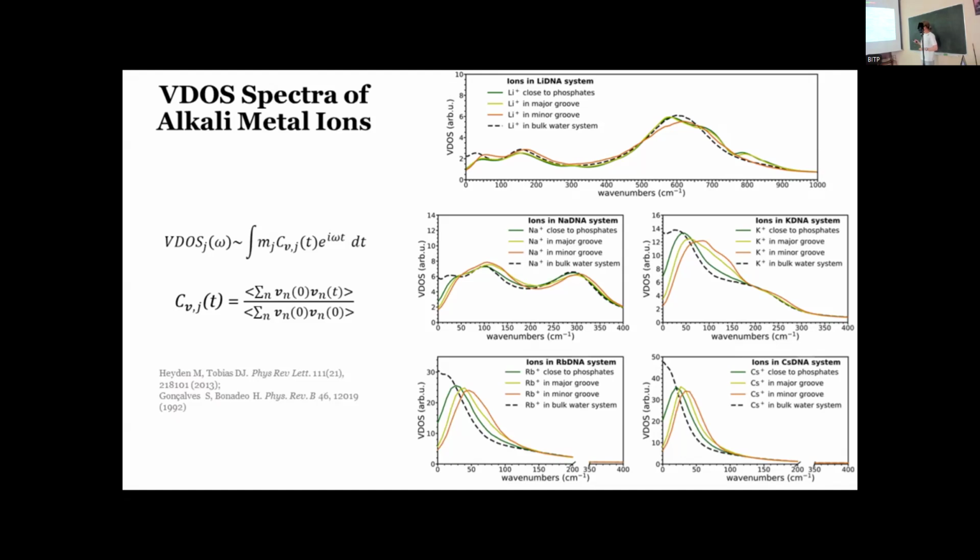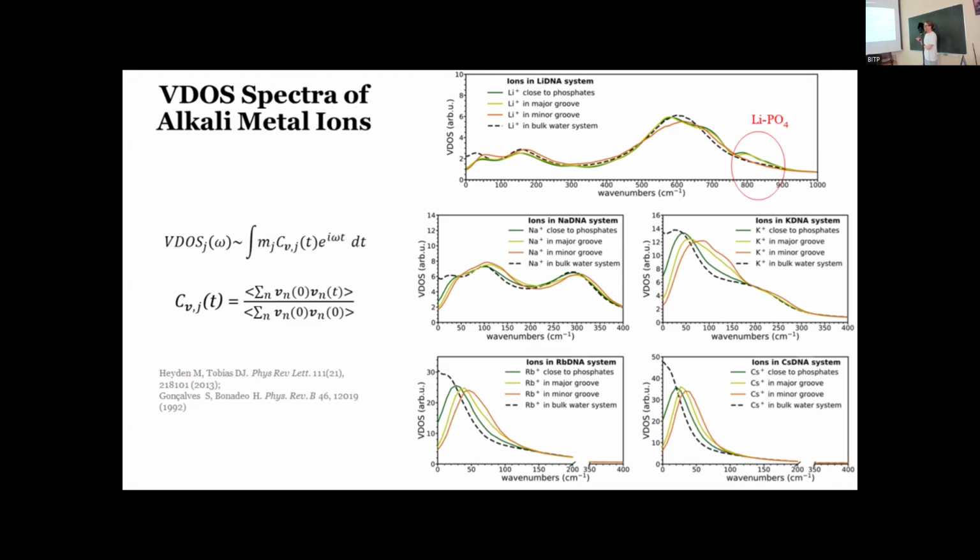What is also interesting from these results is that in the spectra of lithium located near the phosphate groups and the major groove, we observe an additional band, or shoulder, located near 800 inverse centimeters, where, according to experimental data, the backbone vibrations are also observed.